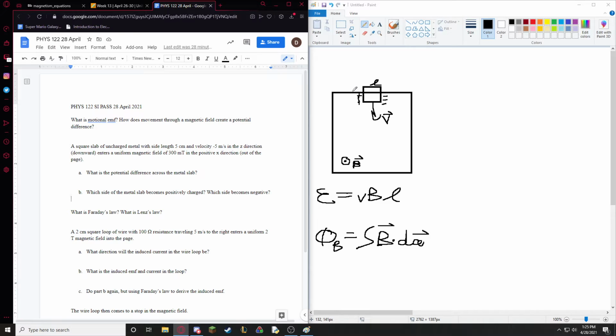So the total flux is increasing, and we're going to generate a current, which then generates an induced magnetic field that opposes that change to sort of balance it out. Like I said, it doesn't make too much sense, but it's the best we've got. If we trust our practice with the right-hand rule and trust the math, everything works out, and we can solve problems.